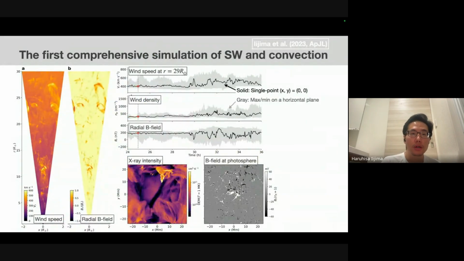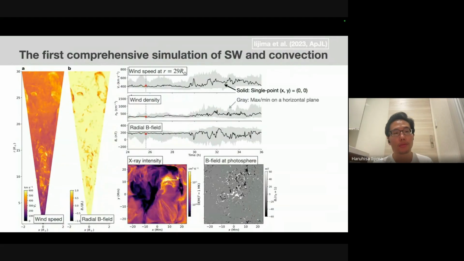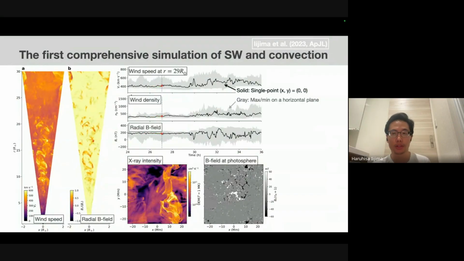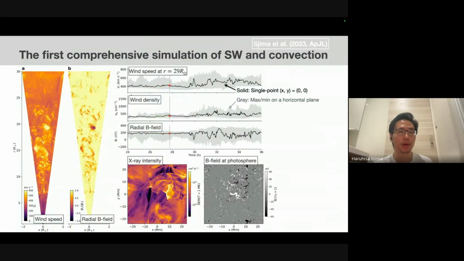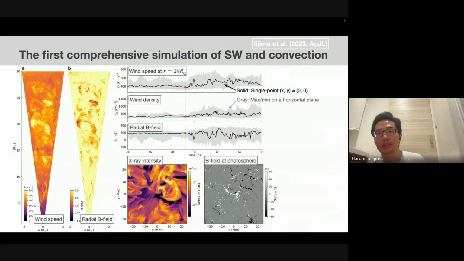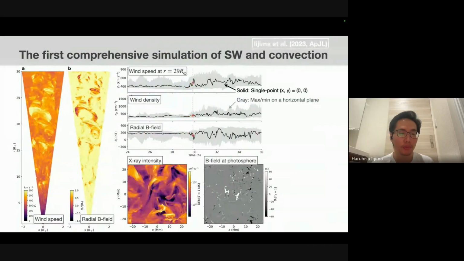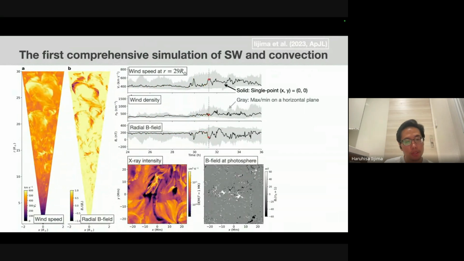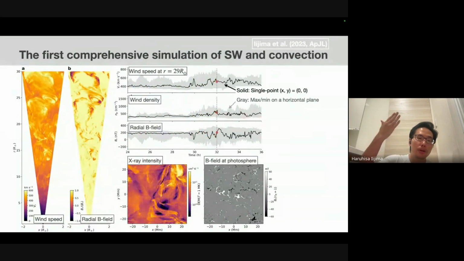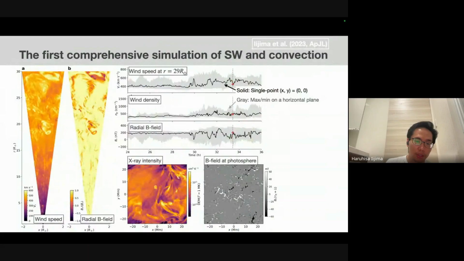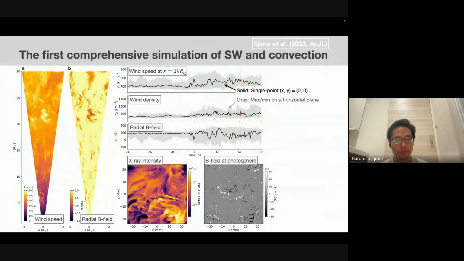And this is our first comprehensive simulation of the solar wind and the upper convection zone. This was published as Iijima et al. 2023 in ApJL. The left two panels show the vertical slice of the solar wind speed and the radial magnetic field.